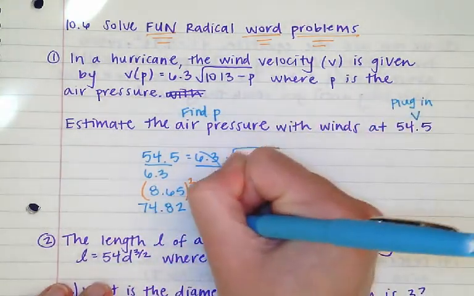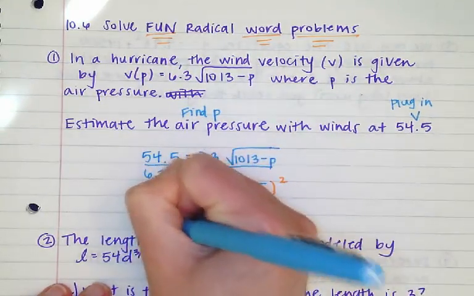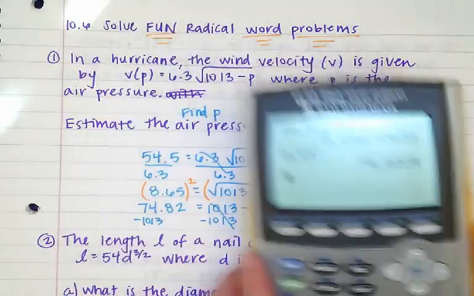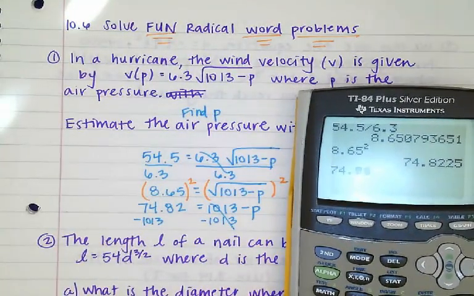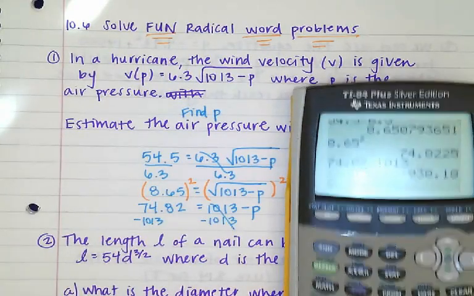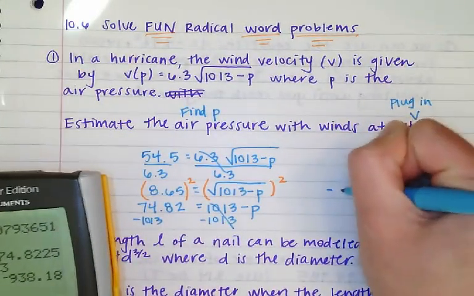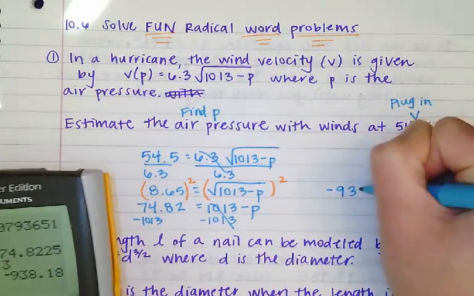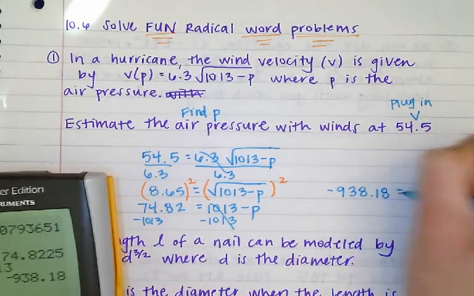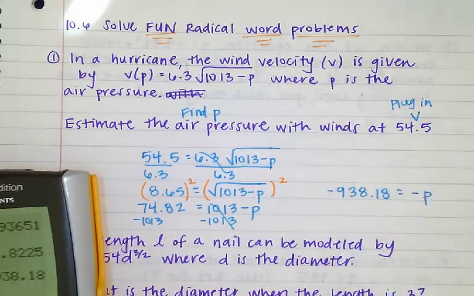So I will subtract the 1013 from both sides. Giving me negative 938.18. And on the other side, I still have P and it's negative.